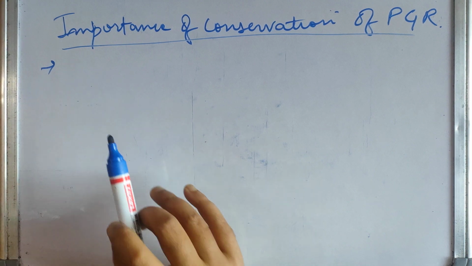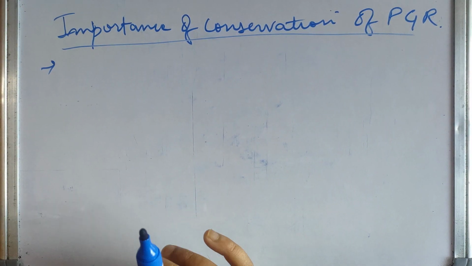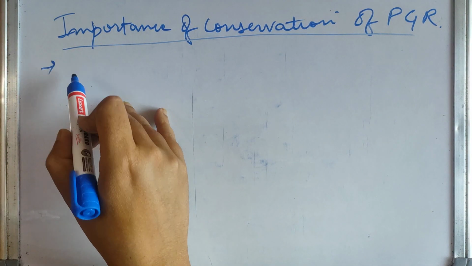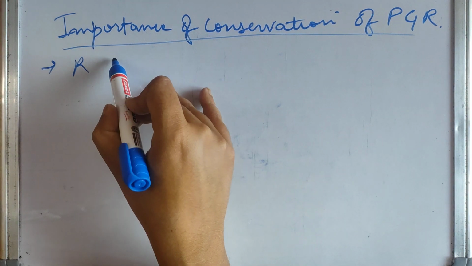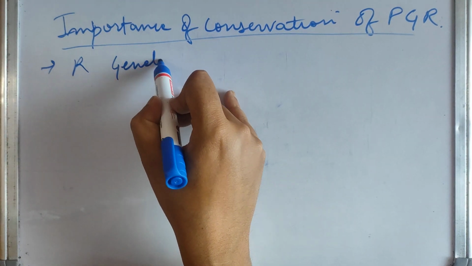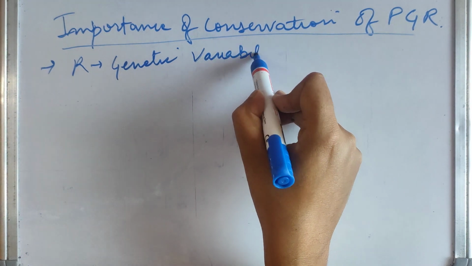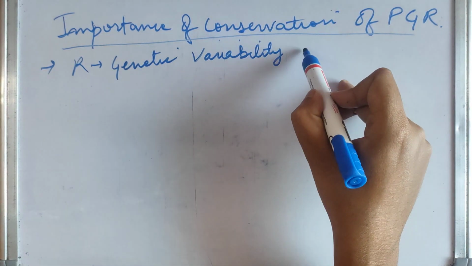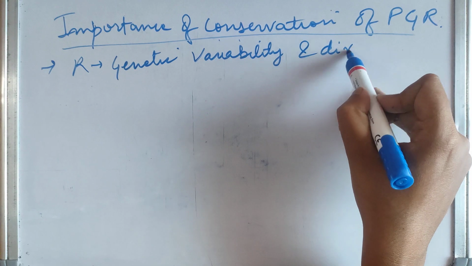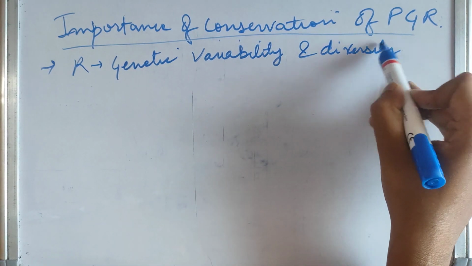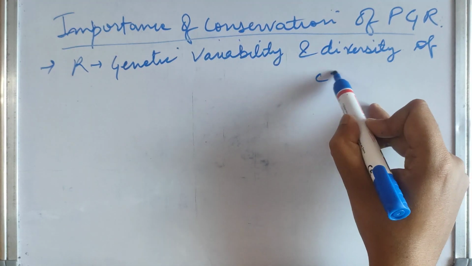First of all, it represents entire genetic variability or diversity of crop species.